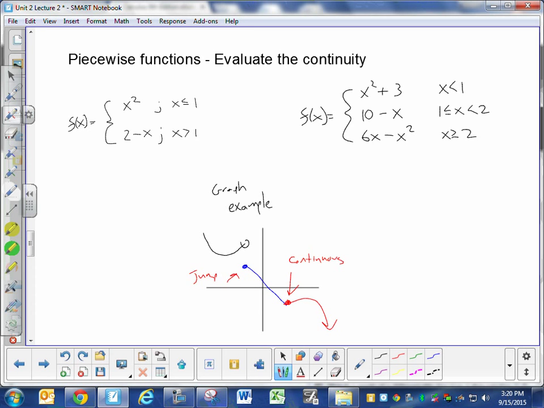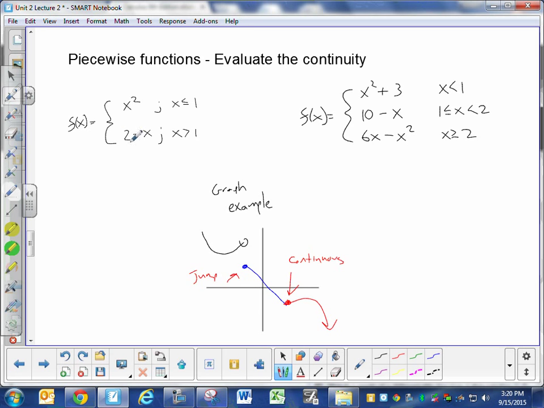They don't have denominators, like x squared or 2 minus x. So the question really is, do the 2 pieces of my function meet up? And if they meet up, we're continuous. Here they meet up, we're continuous. If they don't meet up, we have a discontinuity. So here's a discontinuity that becomes continuous. All depends on where one ends and one picks up.